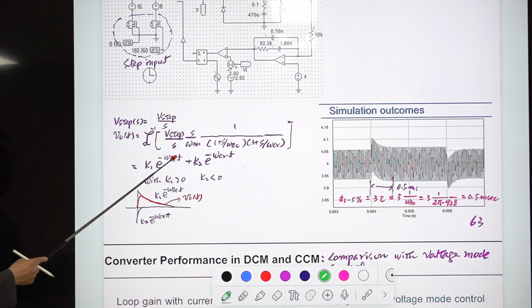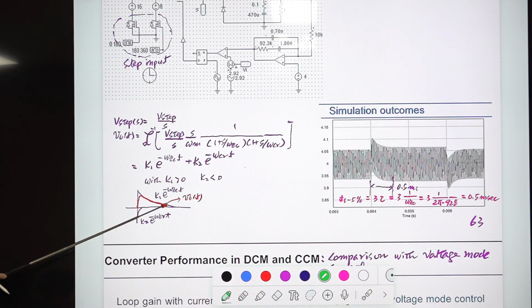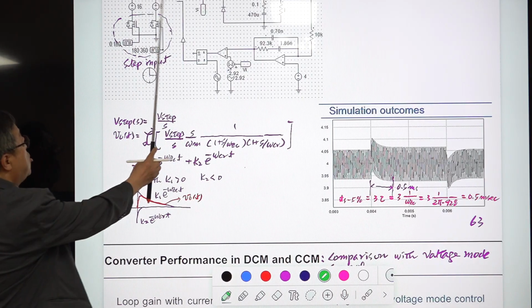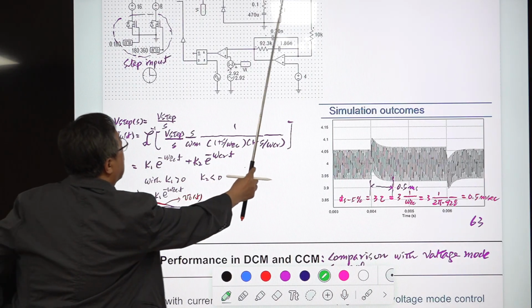They cancel, and you have this one. Then you have these two exponential terms. If you want, you can calculate this, but that is very trivial. That is meaningless. Children's play. This is not engineering, but if you want, you can do that. But that is unnecessary. You can find out that one is positive, one is negative, and they are different. This omega GC is somewhere here, and omega CR is here.